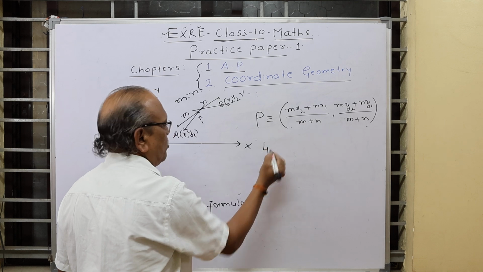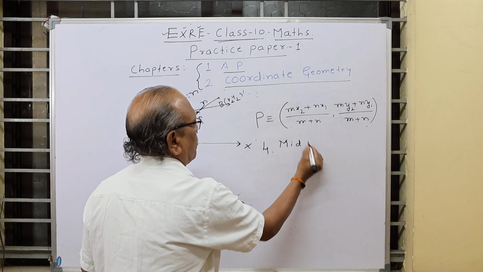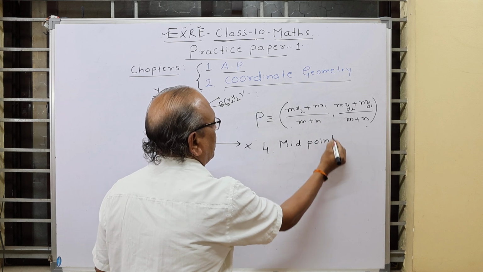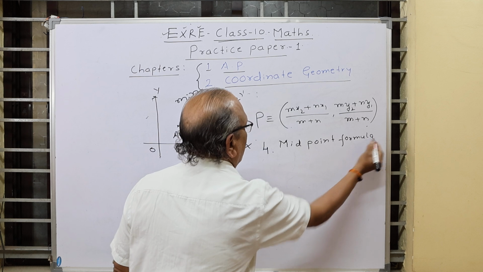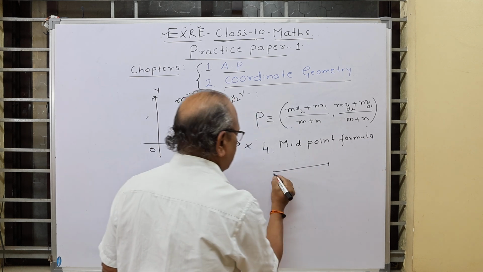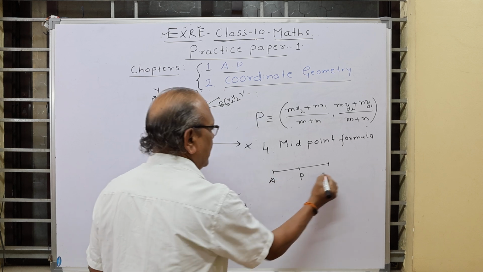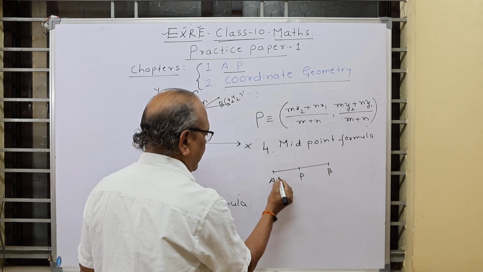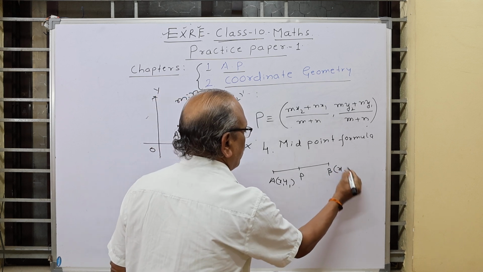The fourth formula is the midpoint formula. The midpoint formula can be generated by using the section formula only. What is the midpoint formula? Suppose P is the midpoint. How does P divide AB? Suppose the coordinates of A are (x1, y1) and the coordinates of B are (x2, y2).